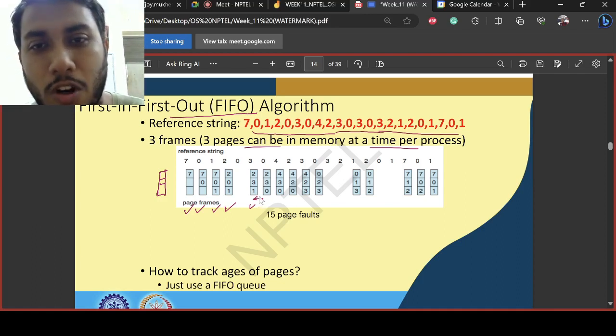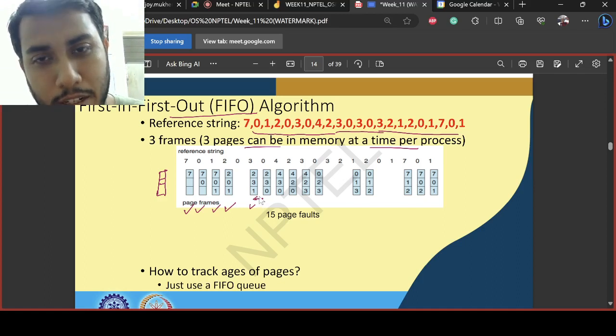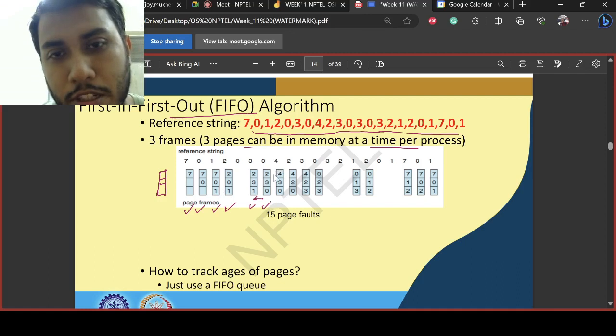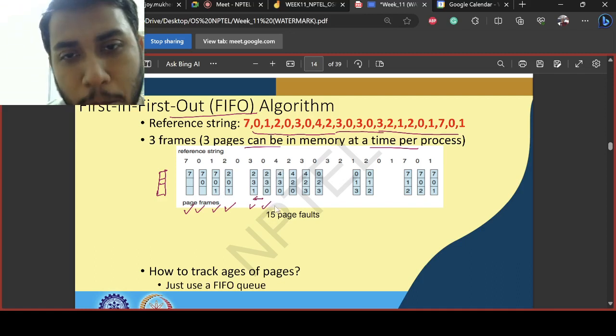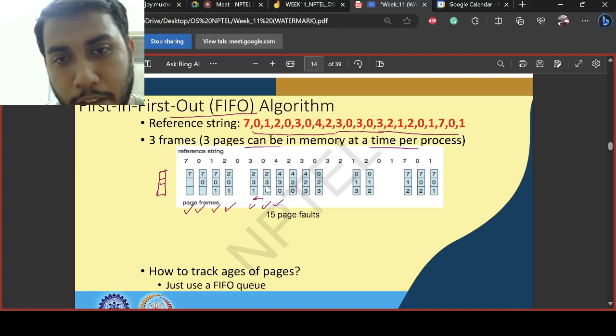You have evicted 0, but now you require 0 again, so this is again a page fault. Now 4 is requested. 4 is not present, so that is also a page fault. Now 2 is requested. 2 is not present because you have just evicted 2, so 2 is also a page fault. Now again 3 is requested. Again a page fault. 0 is requested, another page fault.